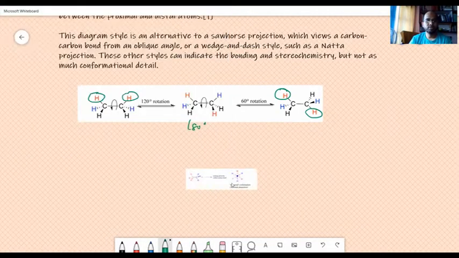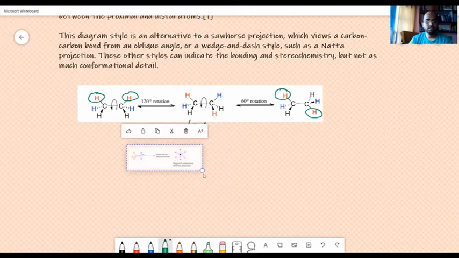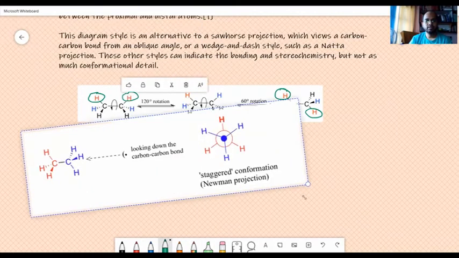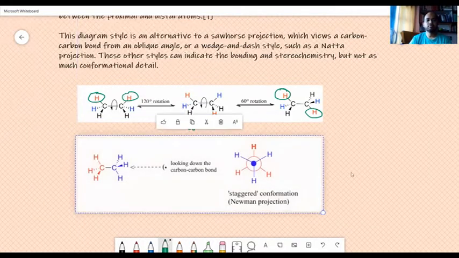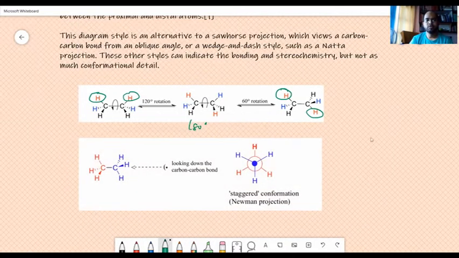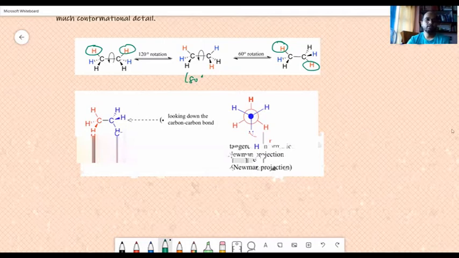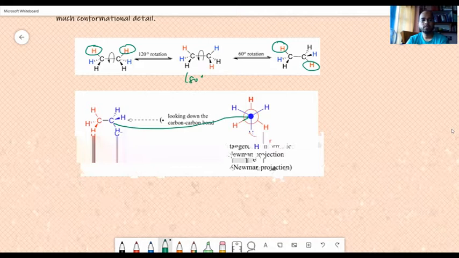how this rotation causes different conformations when you look along the bond. So this carbon atom is this one, and this carbon atom is this one.